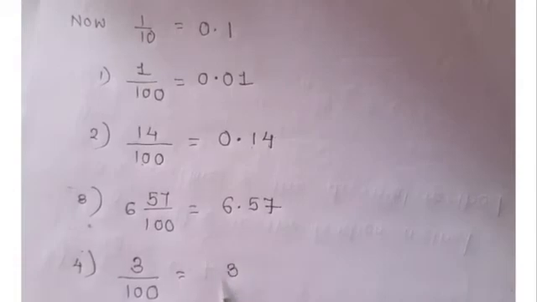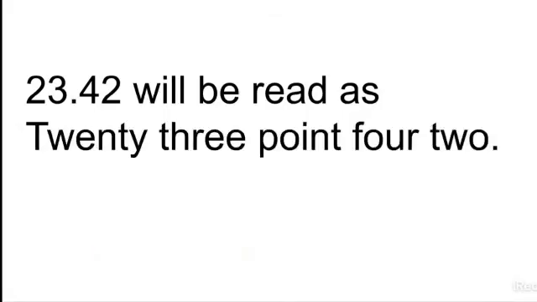First we will write 23 and then we need 2 places, 1, 2, because there are 2 zeros in the denominator. So 1, 2, 0.23. How will we read this? Not twenty-three point forty-two, that is wrong. You will read this as zero point two three.